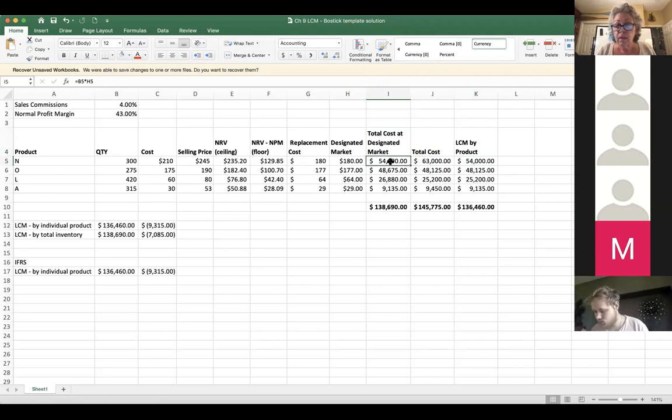I understand total cost and total designated market, but... Okay, no, your LCM by product is, I'm comparing cost to my designated market. It's just picking the lowest, just like the last problem. Which one of these is lower, 54, 63? Okay. Which one is lower, right?